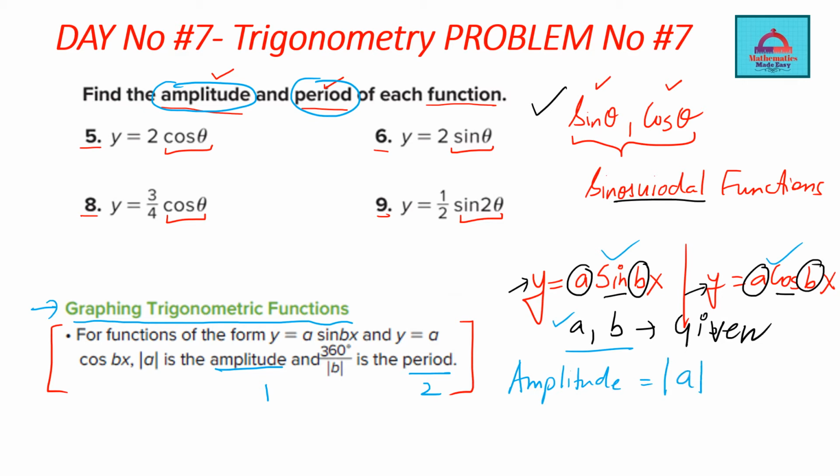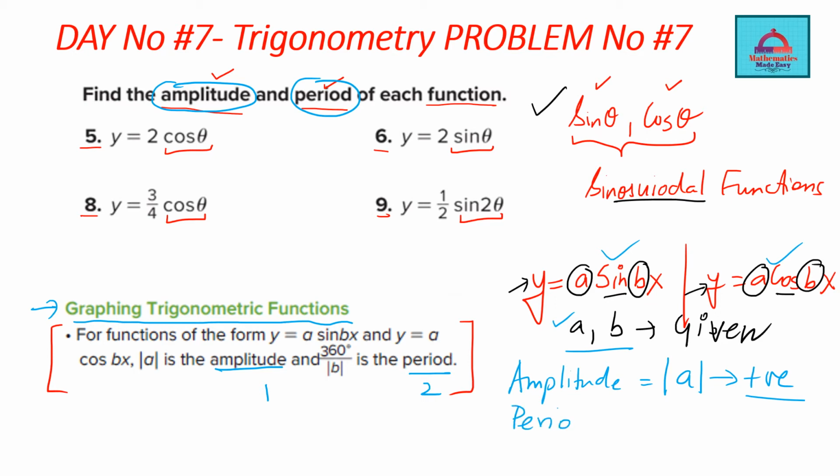Absolute value ensures that your amplitude is always positive. So even if the value of a is given to be negative, you will always take the absolute value and give your amplitude as a positive quantity.